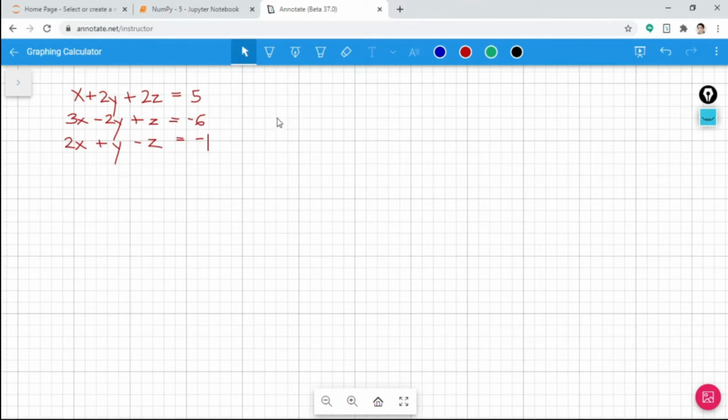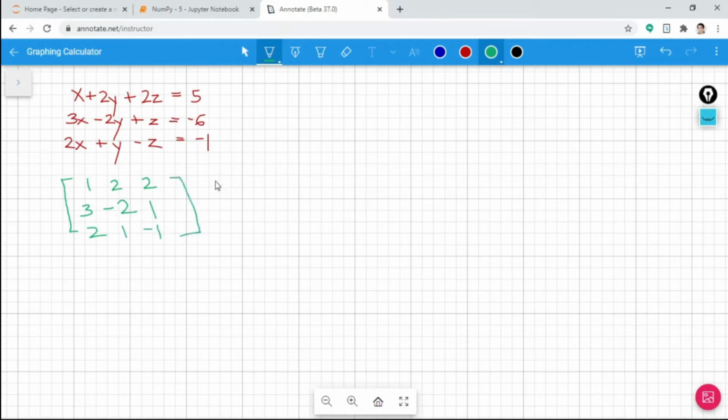So again, we transform this into a matrix. So we have a specific value here. So we have 1, 2, 2. So 3, negative 2, 1. So 2, 1, and negative 1.